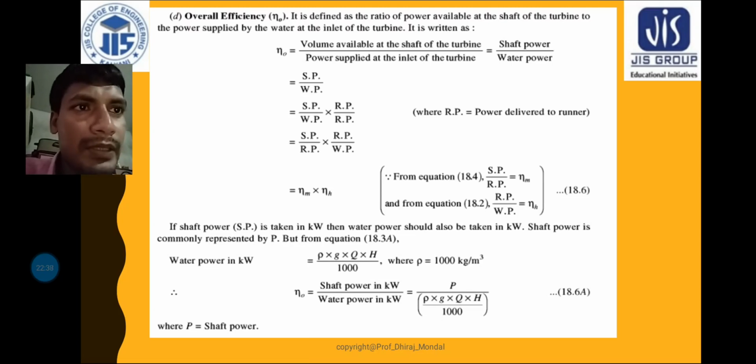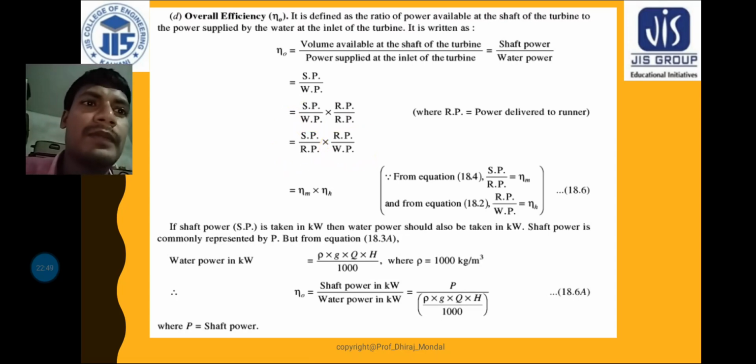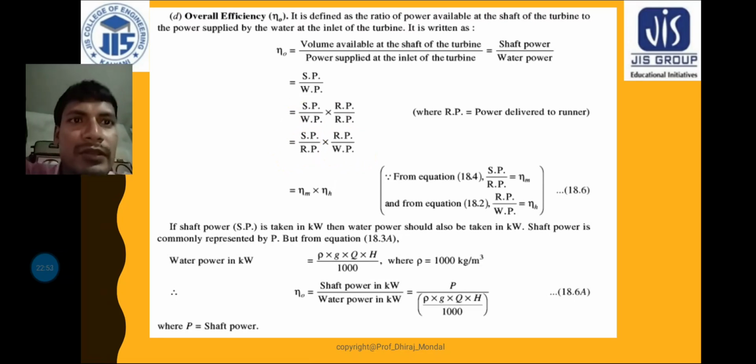Now if I rearrange this, shaft power by runner power into runner power by water power. Can I write this? Okay, so this can be written.